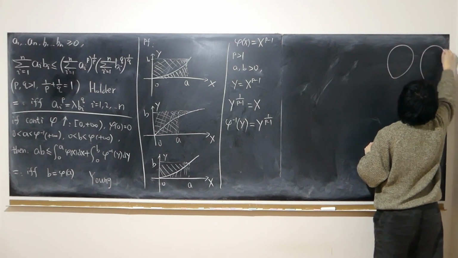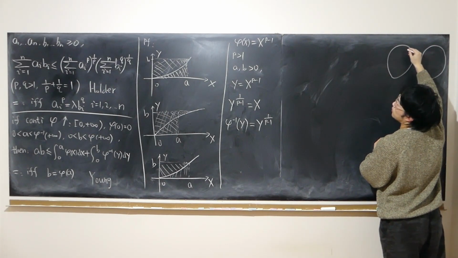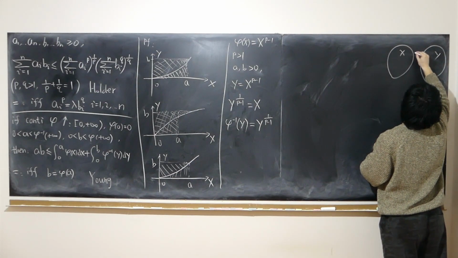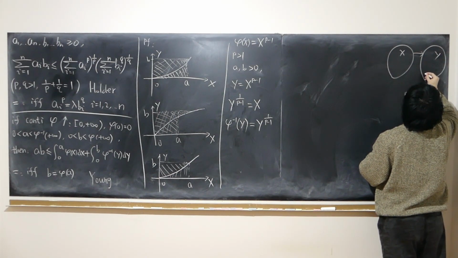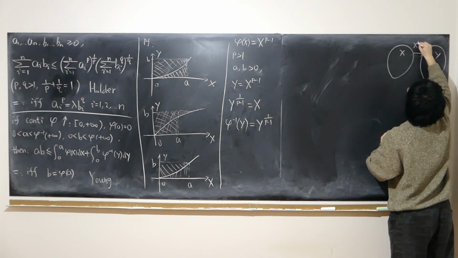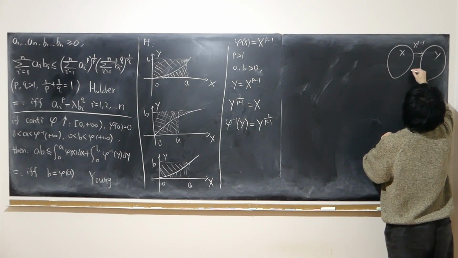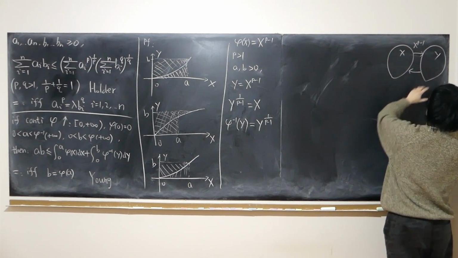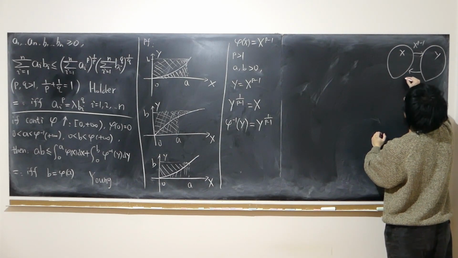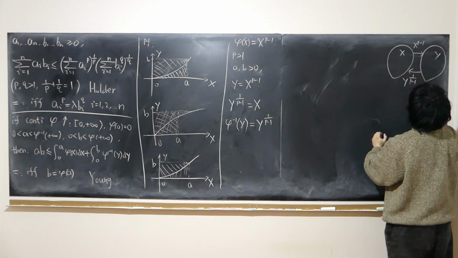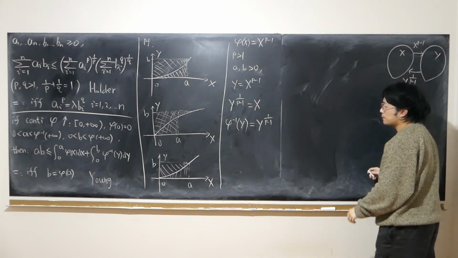So originally we have maybe x and y. Originally we have this projection, called x to the power of p minus 1. Inverse, we plug y into our function, and we have y to the power of 1 over p minus 1. Inverse projection.